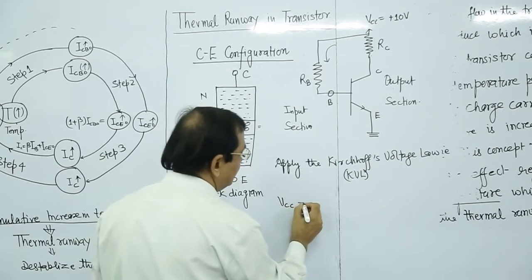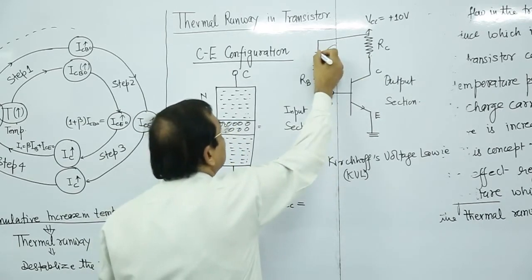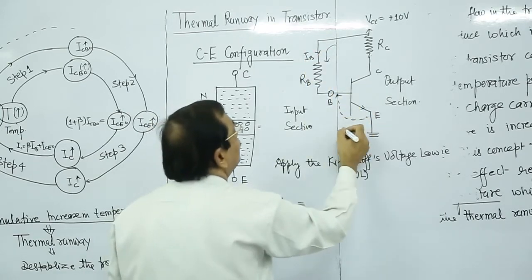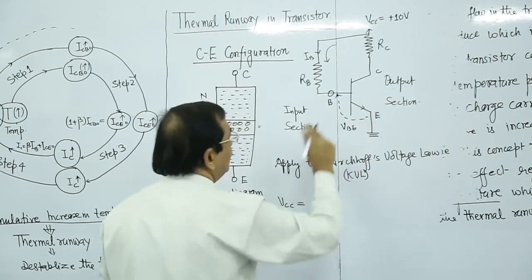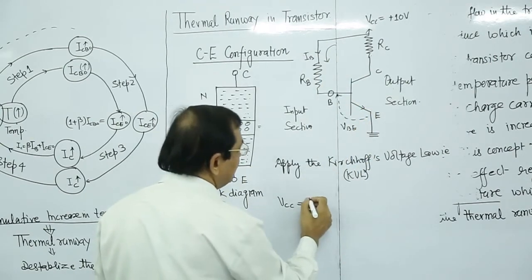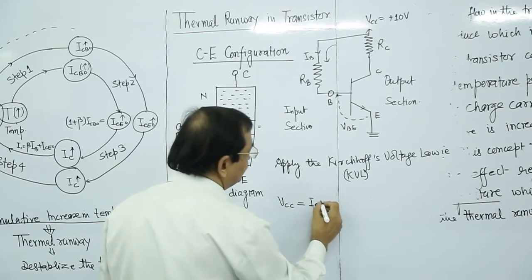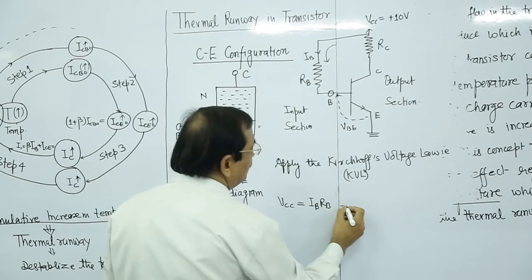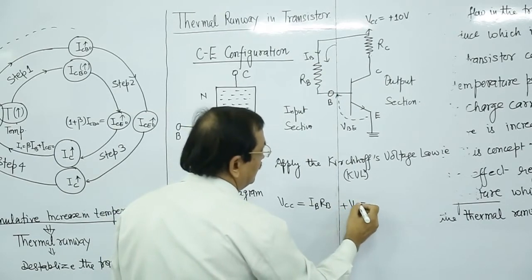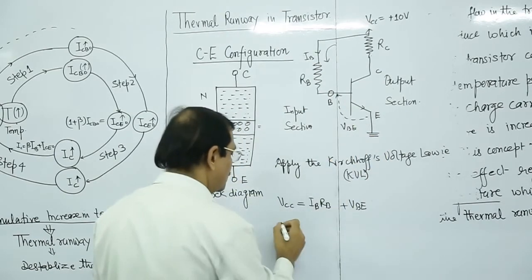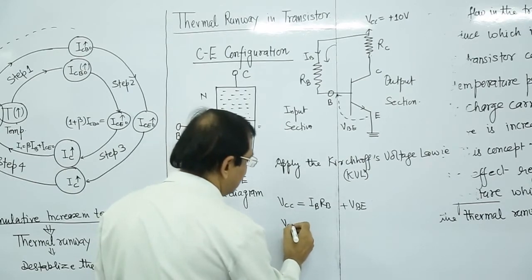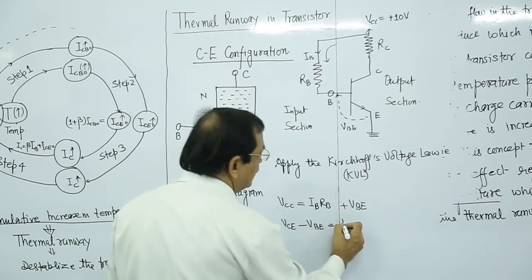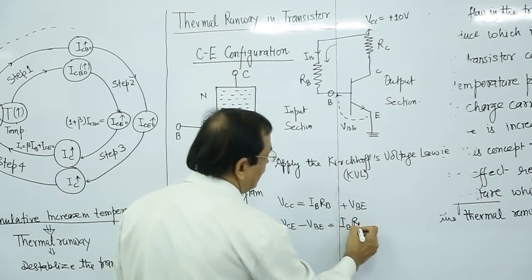Suppose this current is IB and this particular voltage is VBE. So in this input circuit, VCC is equal to IB RB, the product is the potential difference, plus VBE, and then it is 0. So what we find, VCC minus VBE is equal to IB RB.